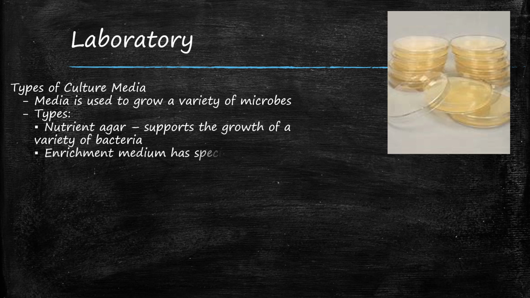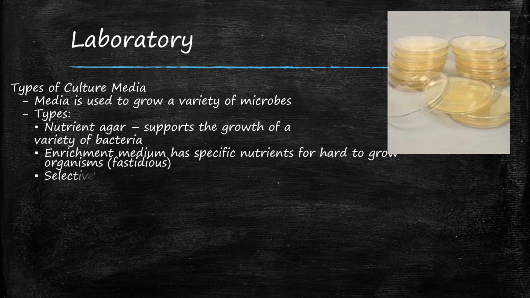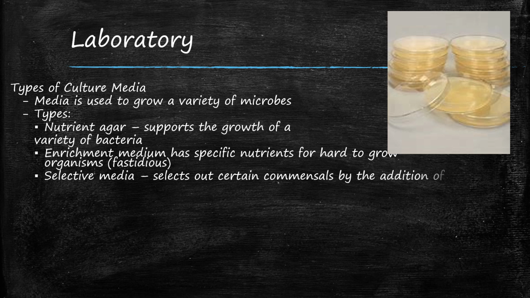An enrichment medium has specific nutrients for hard to grow organisms, which are also called fastidious. Selective media selects out certain commensals by the addition of inhibitory compounds. So for example, maybe you're trying to grow a yeast in a culture medium.